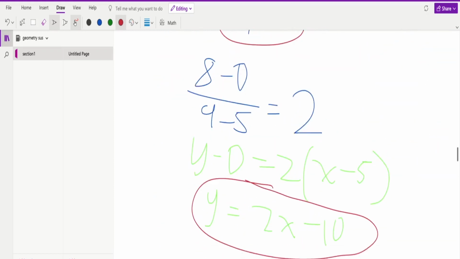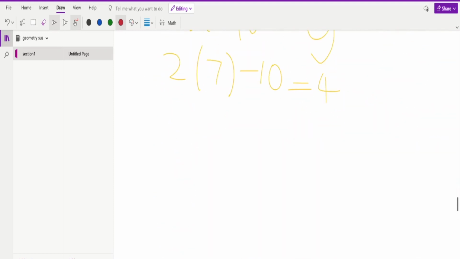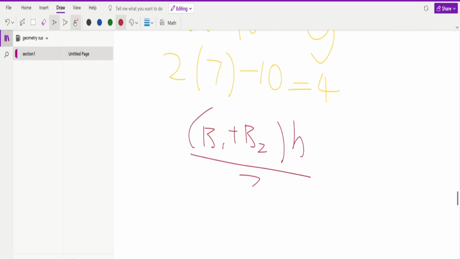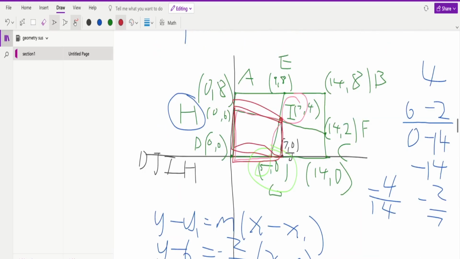And we know that the area of a trapezoid is base 1 plus base 2 times the height, all divided by 2. And now if we plug it in, here is our two bases. Here is base 1, and here is base 2. Base 1 is between D and H, which is 6, and base 2 is between J and I, which is 4.